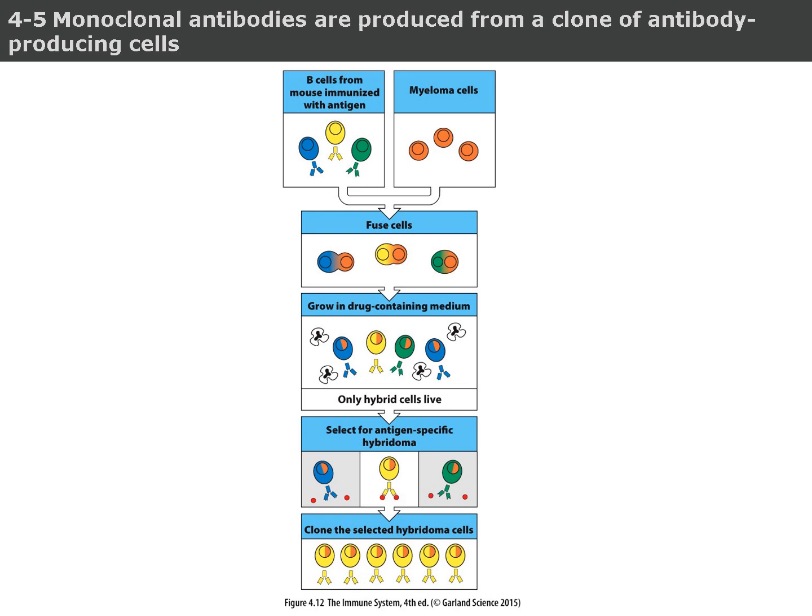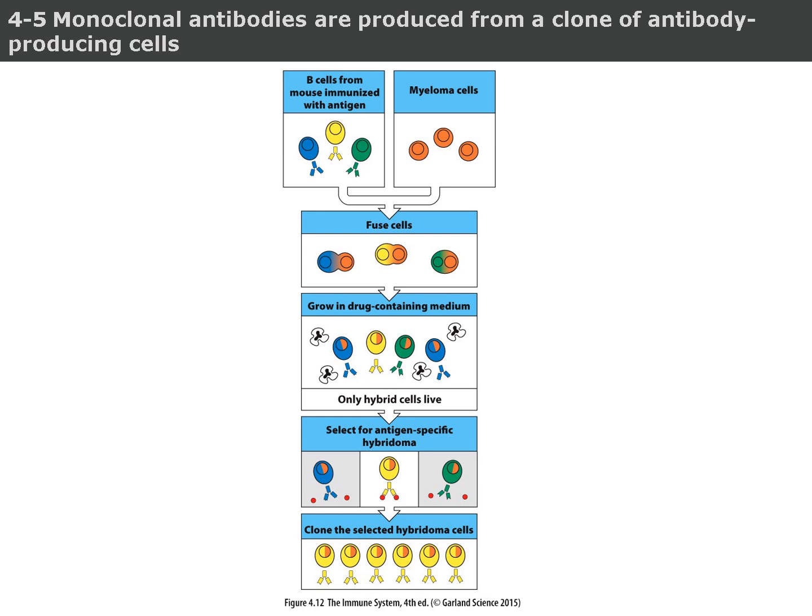Simultaneously, myeloma cells, which are immortal cancer cells, are also prepared. Next, the B cells and myeloma cells are fused together, forming hybrid cells called hybridomas. These hybrid cells combine the antibody-producing capability of B cells with the longevity of myeloma cells.